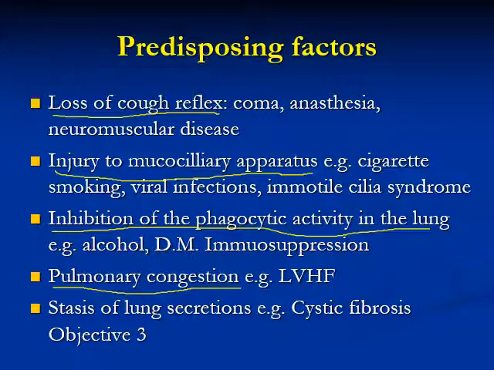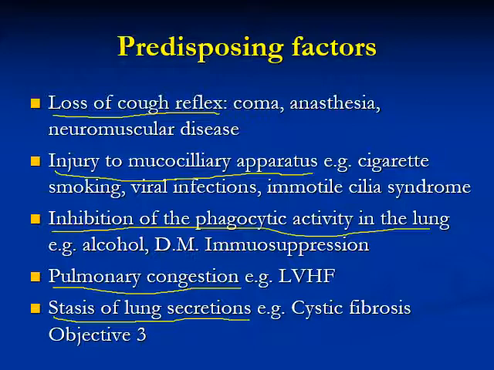The other is stasis of the lung secretion. When there is secretion inside the bronchioles, and this secretion sometimes becomes increased or very viscid, difficult to expectorate, this is also a site of infection.